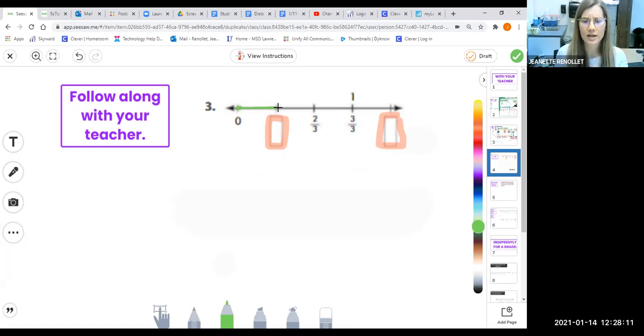So I'm going to go to the right. They label it 2/3, 3/3. Wait a second, 3/3. 3/3 is the same thing as 1 whole, and I see a 1 right here. Perfect. So 1 whole is right here.